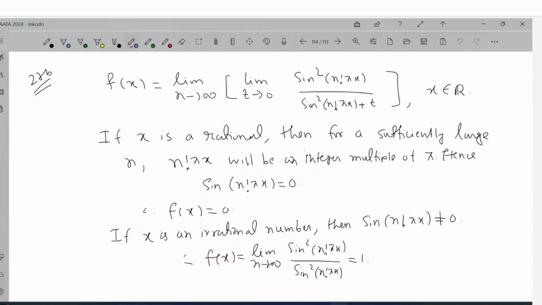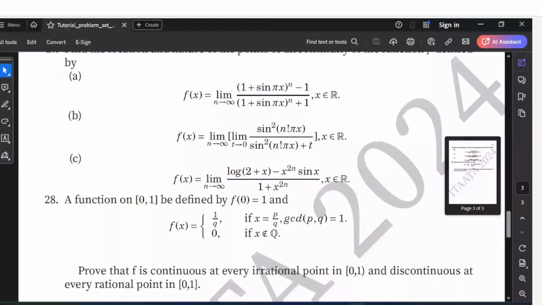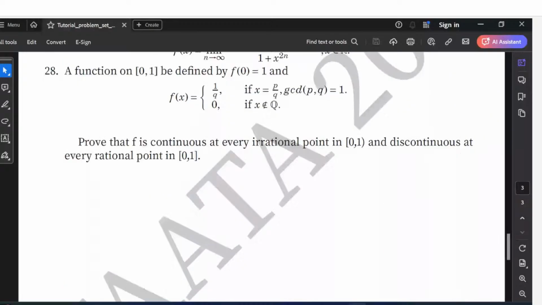Okay, question number 28. It is a function defined on [0, 1] by f(0) is 1, and for each rational number of the form p by q, we have f(p/q) = 1 by q, and 0 if it is an irrational number.